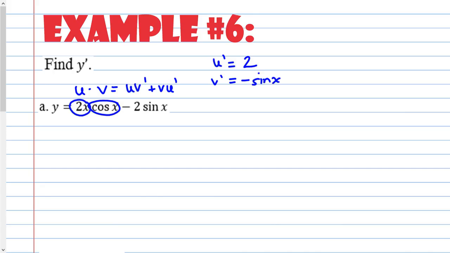So now that I have all my pieces, I can go ahead and do that part. So y prime is going to equal, I'm going to do the product rule in the parentheses here.